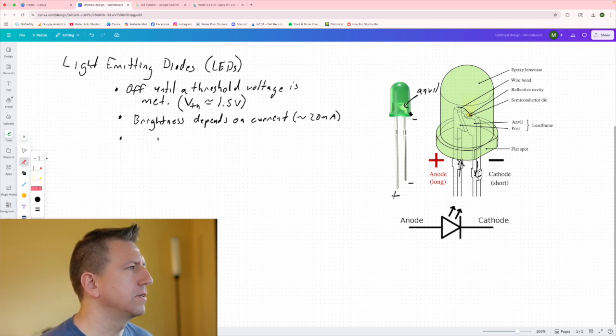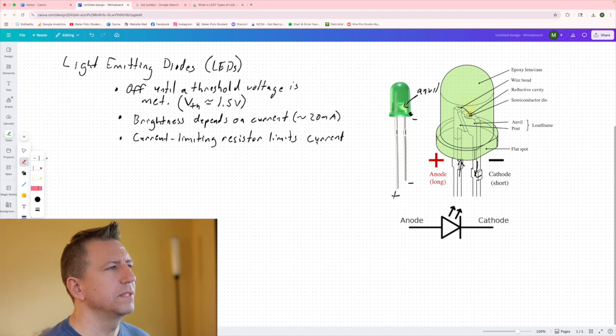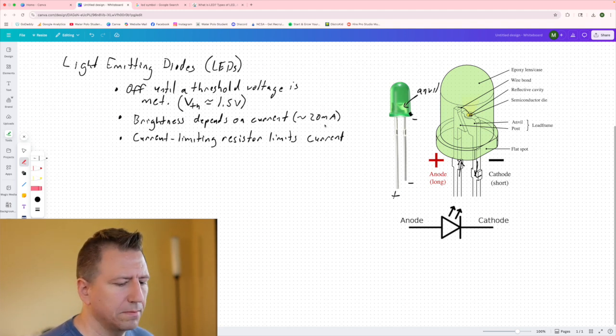And the next thing is, how do we get it to be 20 milliamps? We have a current limiting resistor. We'll look at its behavior and its role. We set the current with the current limiting resistor, limiting it to 20 milliamps, and then it'll hit that 20 milliamps.